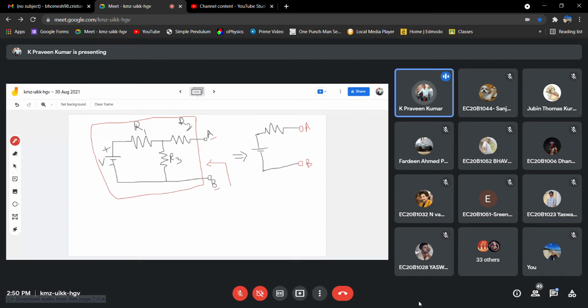This is that statement meaning, to say simply, right? Across any two terminals, we can replace the entire network with a single voltage source and a single resistance.